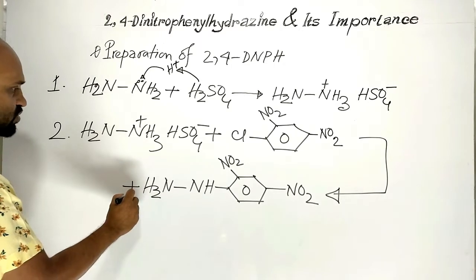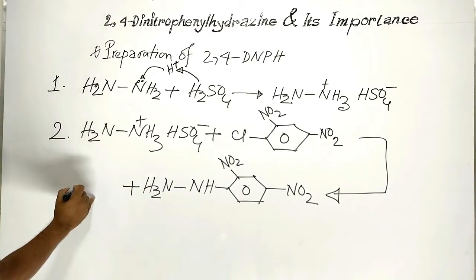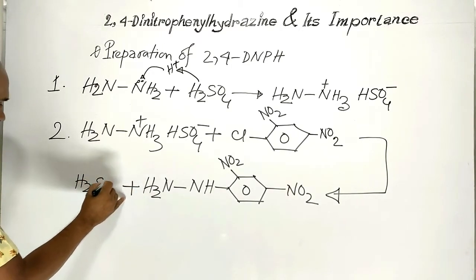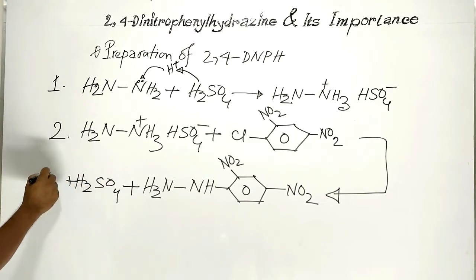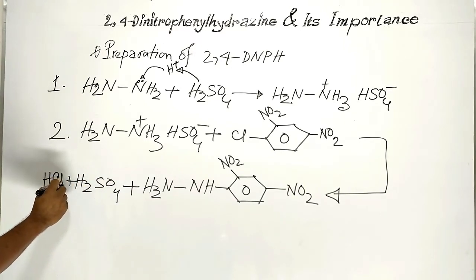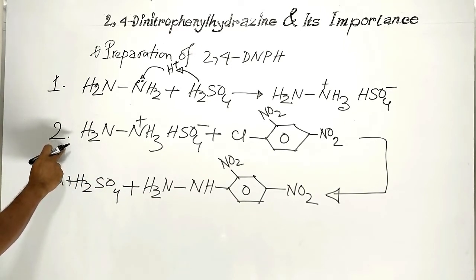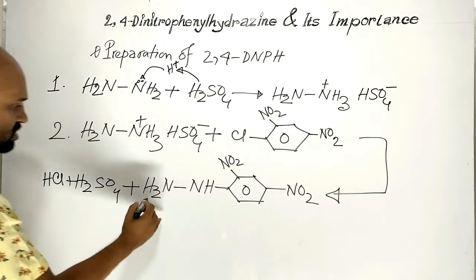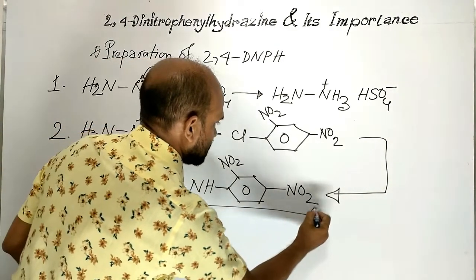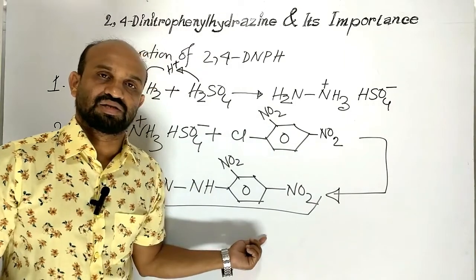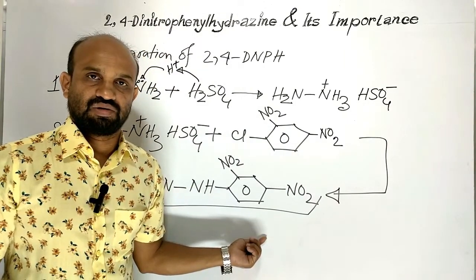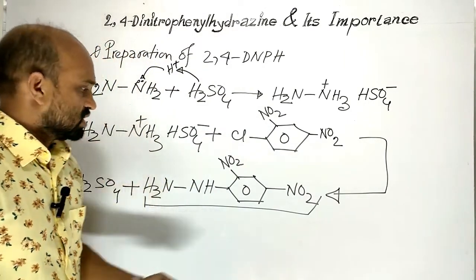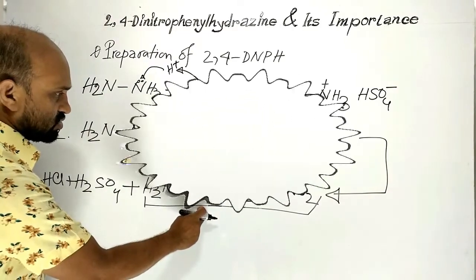Here byproducts are sulfuric acid and HCl. So this is the reaction by which 2,4-dinitrophenylhydrazine is prepared. Now let's see importance of this compound.